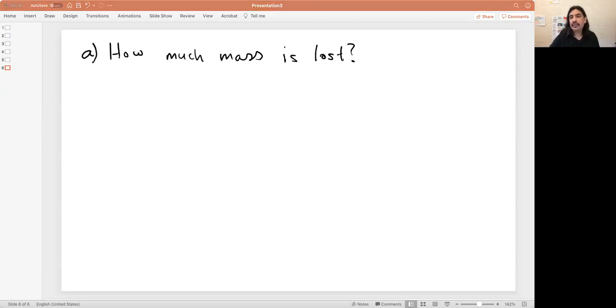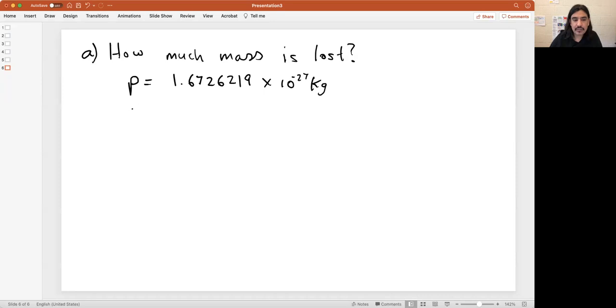So if you have a mass of a proton, and you can look this up on Wikipedia, the mass of the proton is about 1.6726 times 10 to the minus 27 kilograms, okay?